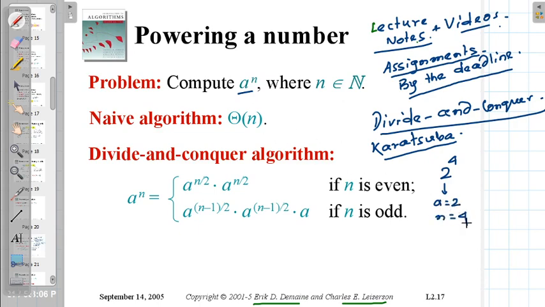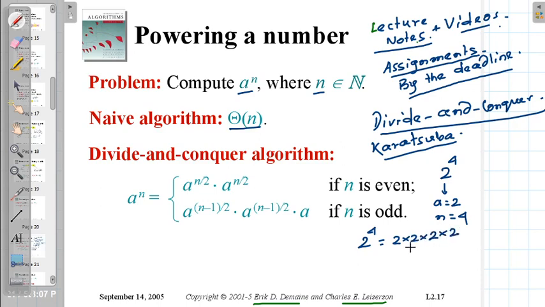And n is an integer here, right? 2 power 4 we have to calculate, and now the idea is how to calculate that. So the naive algorithm will be taking order of n time. Whenever I am calculating 2 power 4, the naive algorithm multiplies 2 times 2 times 2 times 2.